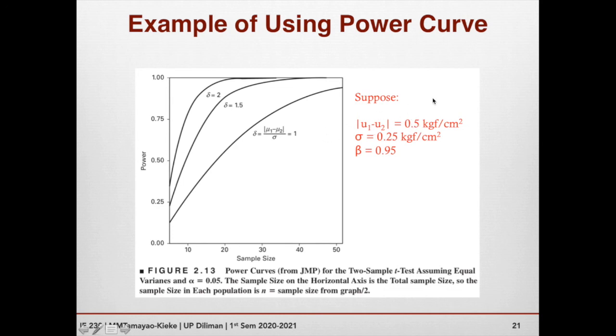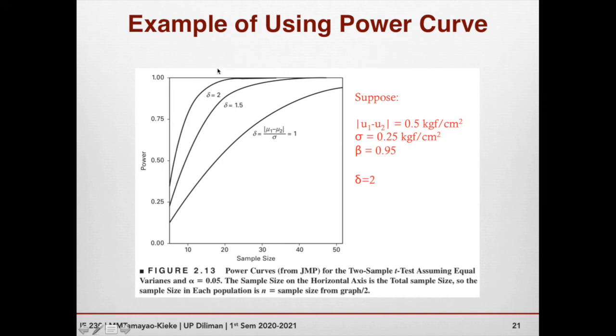We don't know the sigma here, the population standard deviation, but suppose that based on past experience, it is very unlikely that the standard deviation will exceed 0.25. Just suppose that for the sake of this example. Then substituting 0.25 into our formula for delta, we get 0.5 divided by 0.25 equals 2.